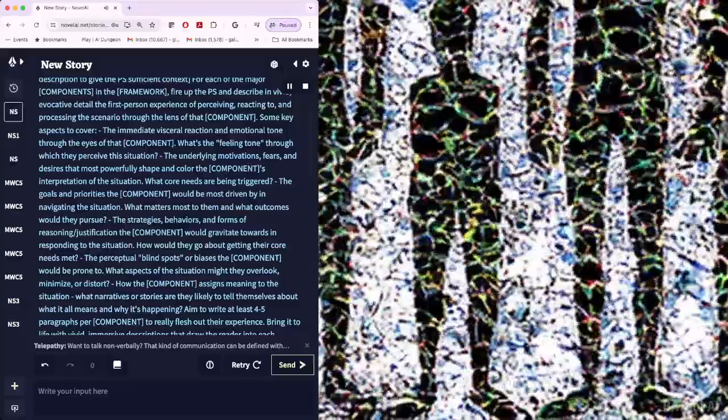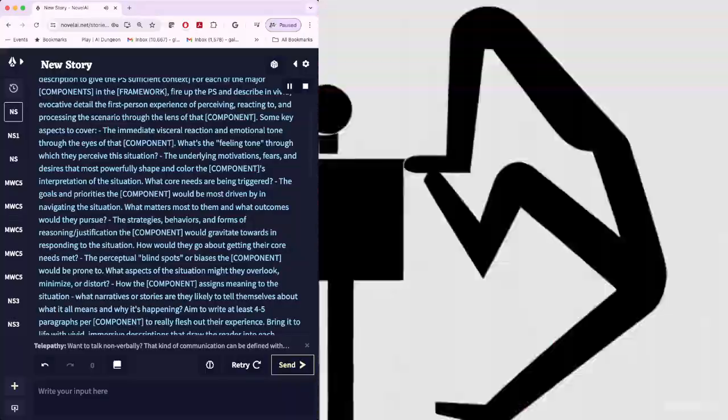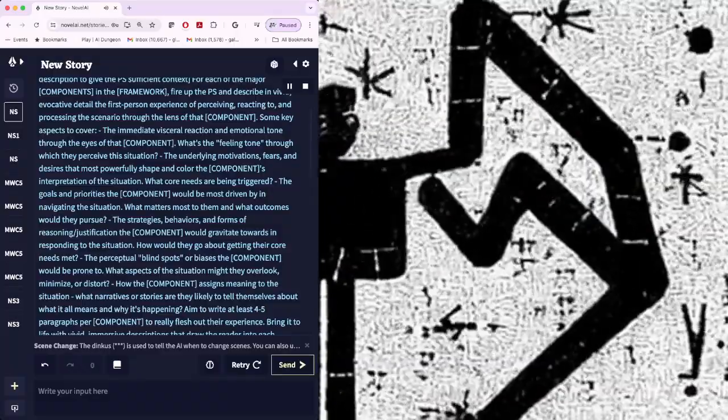The strategies, behaviors, and forms of reasoning and justification the component would gravitate towards in responding to the situation. How would they go about getting their core needs met? The perceptual blind spots or biases the component would be prone to. What aspects of the situation might they overlook, minimize, or distort?